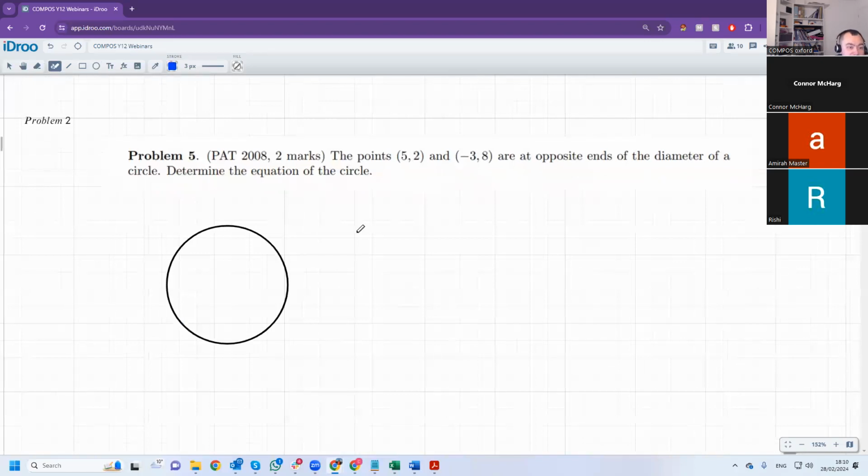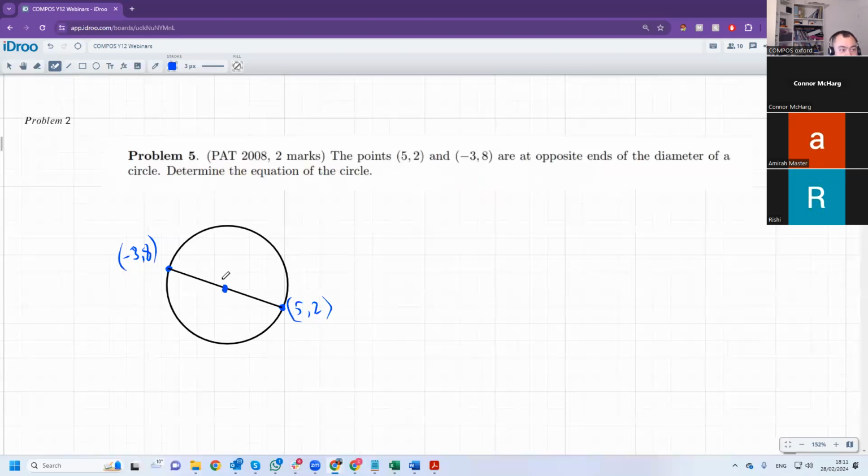For all intents and purposes, a sketch of (-3, 8) and (5, 2) is more than enough. So this is the diameter of a circle, and the midpoint of the diameter is the center of the circle.